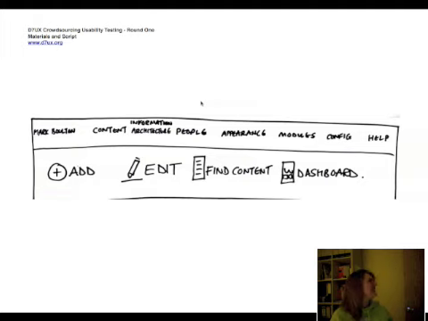I think if they're going to do it, they've got to think about it. Content, appearance and help are brilliant. Modules probably means something to people who do more with the internet than me, and configuration probably does. But information architecture and people are rubbish names for buttons. Very clear.